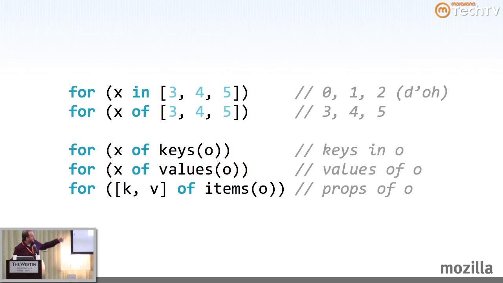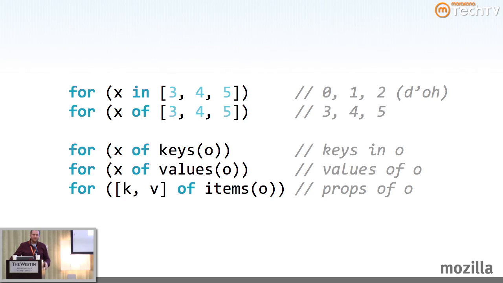So you can say for x of the keys, for x of the values, for k and v of the items. So that'll be a sequence of pairs. This code is just a little bit easier to communicate exactly what your intent was, where for-in is pretty hard to unpack.